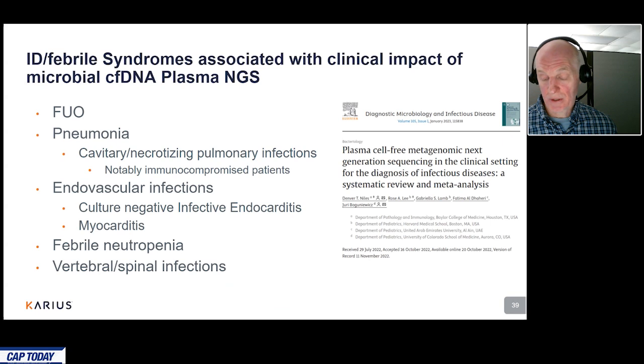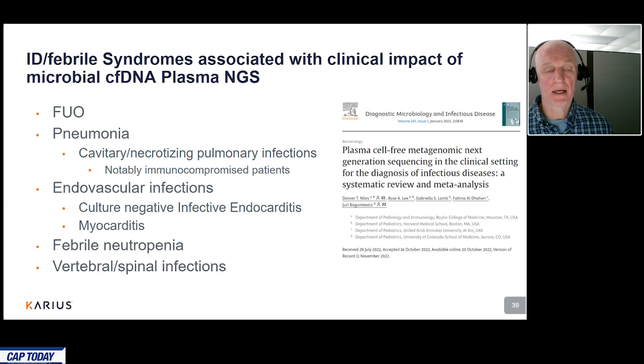There have been a number of meta-analyses and systematic reviews of the power and the impact of microbial cell-free DNA sequencing. One common theme that has emerged from this literature is the impact this has for immunocompromised patients, where time is of the essence.